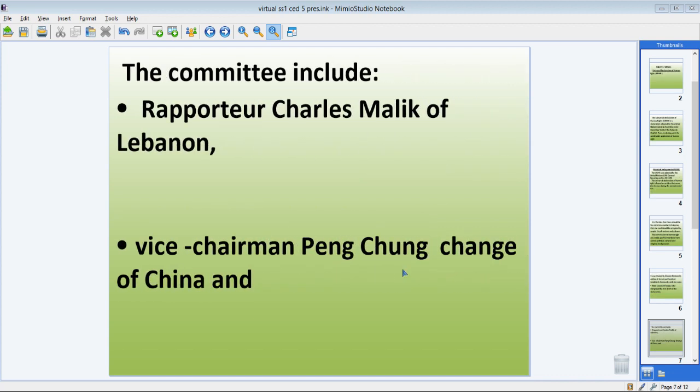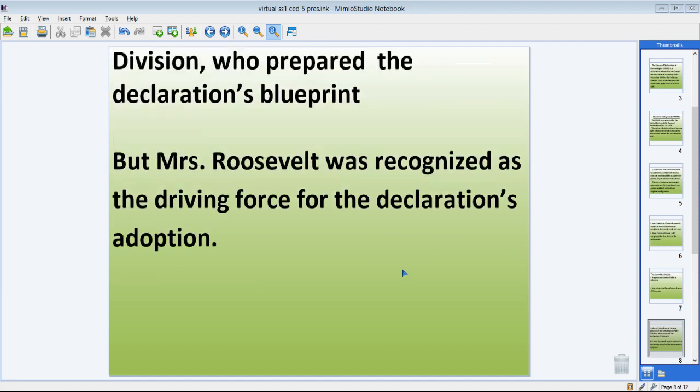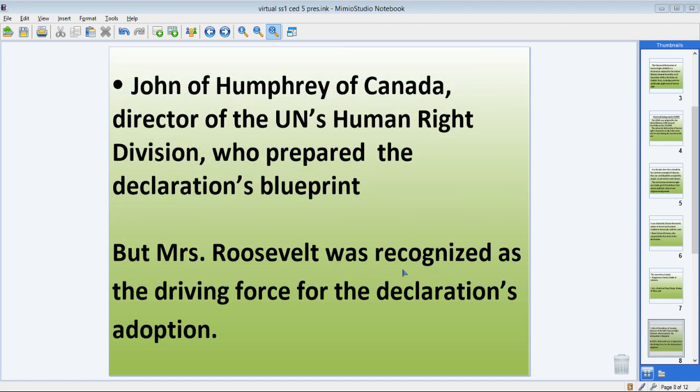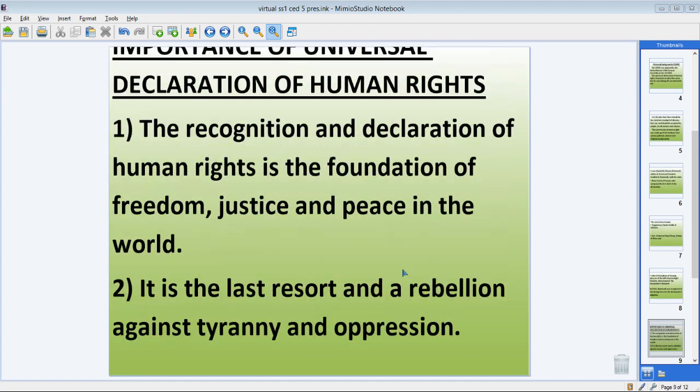The committee included Rapporteur Charles Malik of Lebanon, Vice Chairman Peng Chang of China, and John of Canada, Director of the UN Human Rights Division, who prepared the declaration blueprint. But note that Mrs. Roosevelt was recognized as the driving force for the declaration's adoption.